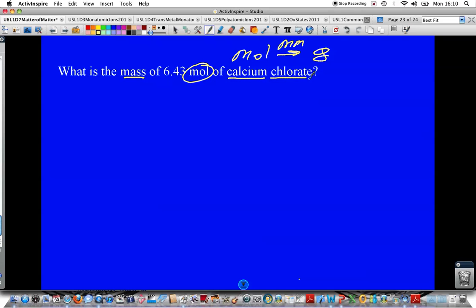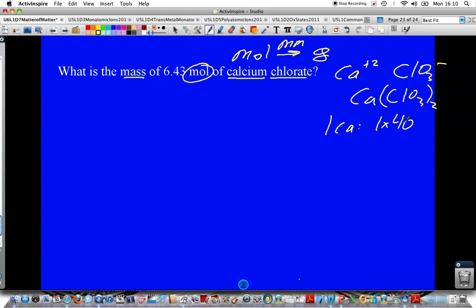It's calcium chlorate. So calcium is +2, chlorate is ClO3 with a -1 charge, so it's Ca(ClO3)2. So I have to calculate my molar mass from the periodic table. I have 1 calcium, so it's 1 times the molar mass of calcium, which is the average atomic mass in grams per mole, so 40.078 grams per mole.